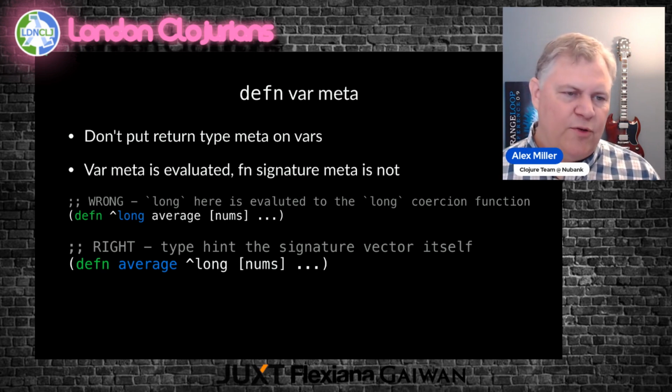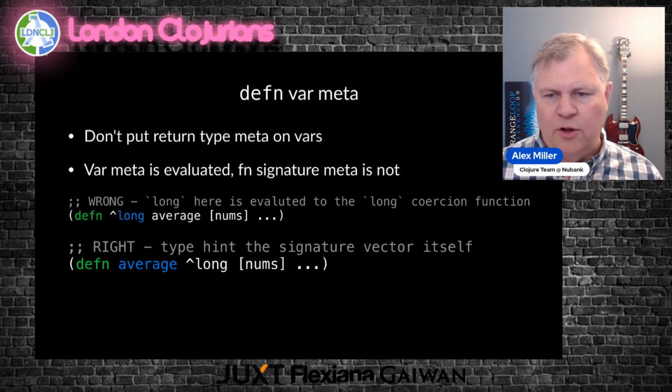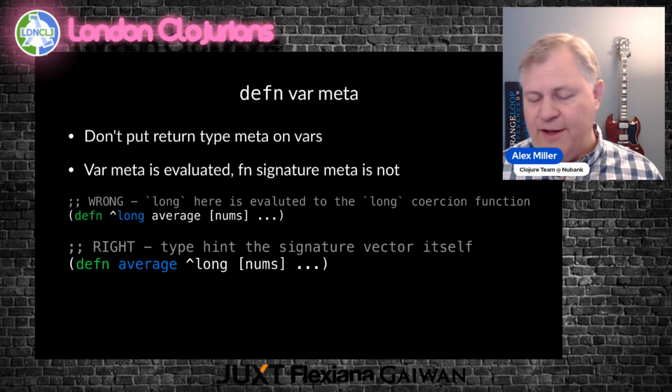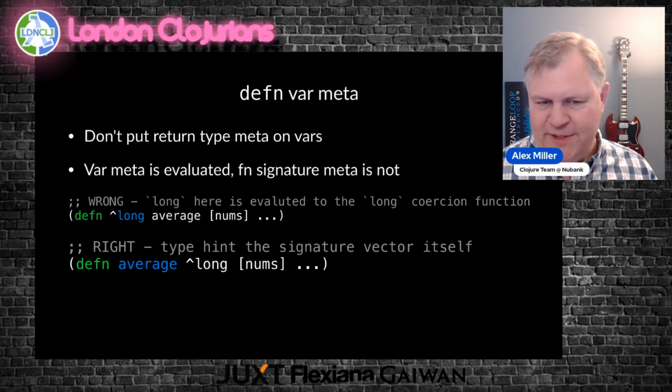So if you try to put a type hint on the var name average, that long is actually, the symbol long is going to get evaluated to the clojure.core/long coercion function. That is not a valid type hint, and that's not what you intended. So that's not going to work.